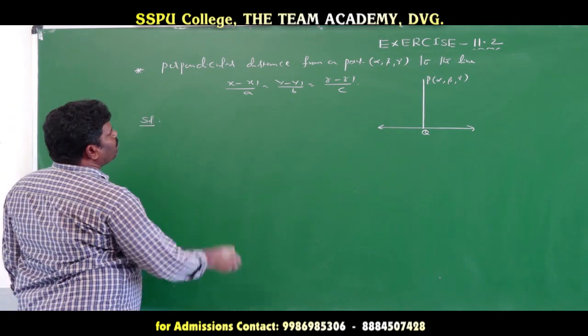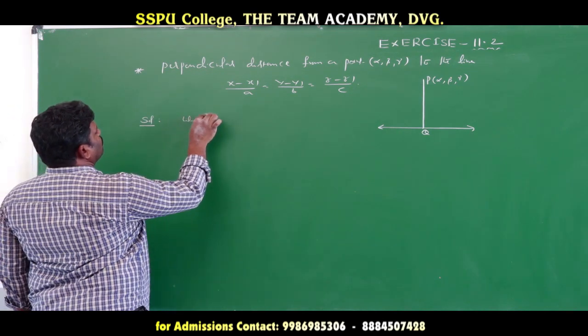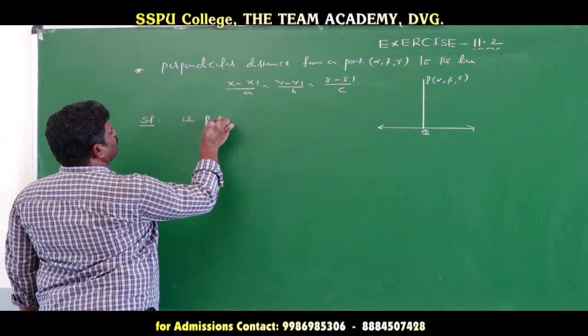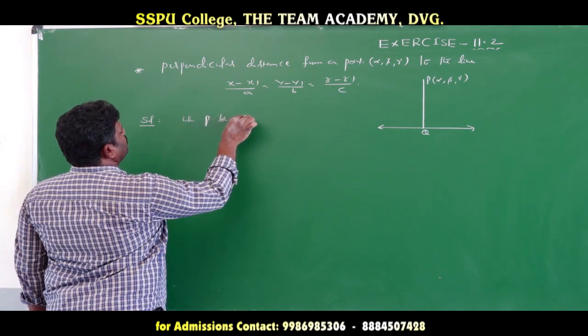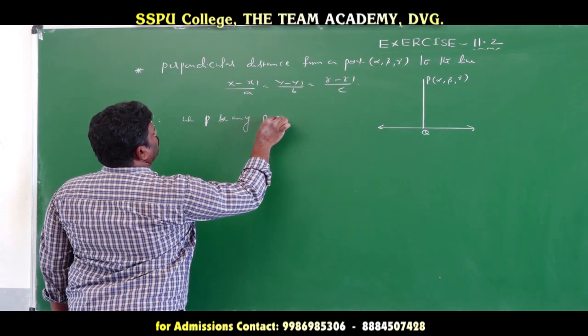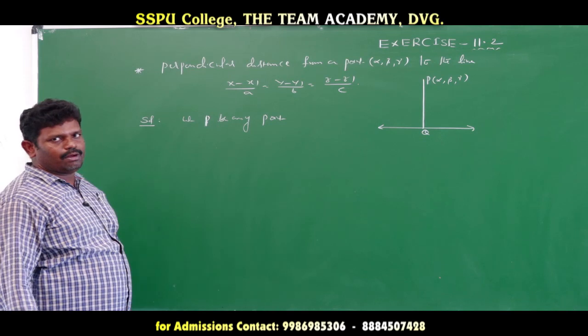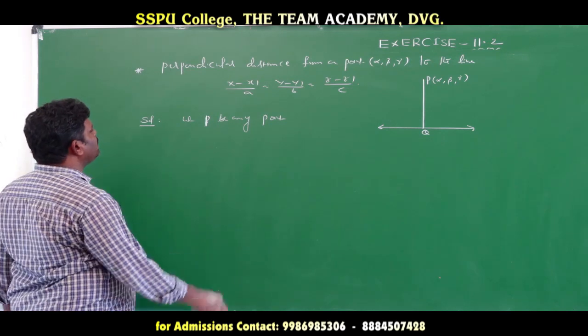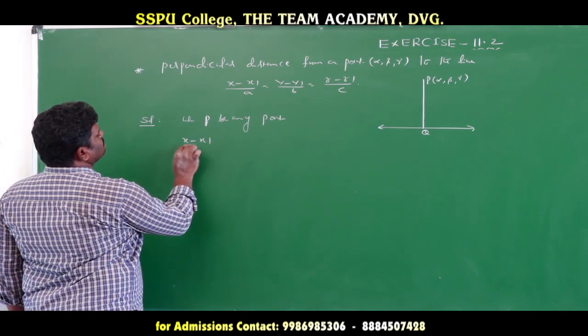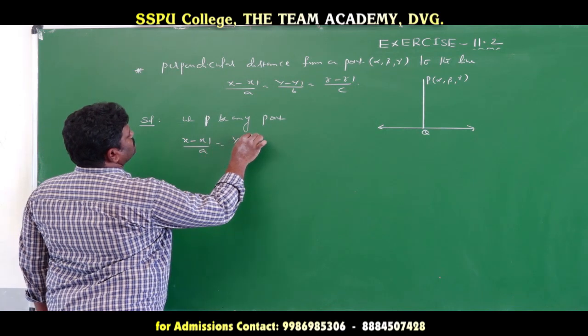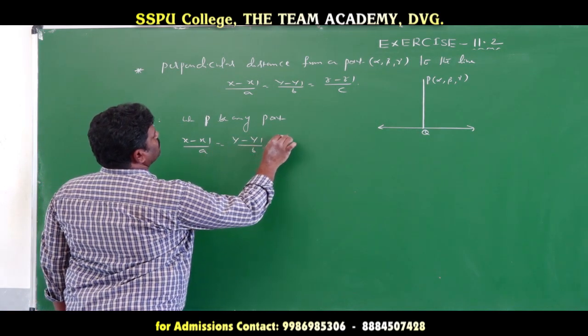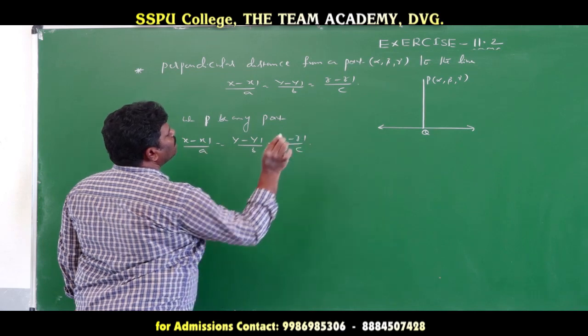First, let P be any point, alpha, beta, gamma, and the line equation given is (x minus x1) by a, (y minus y1) by b, equal to (z minus z1) by c.